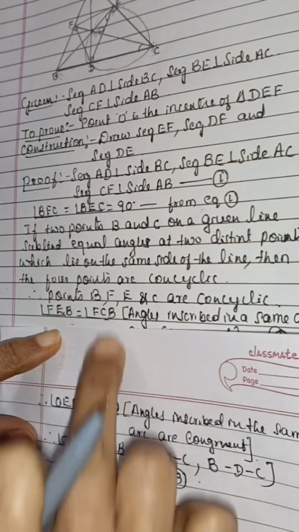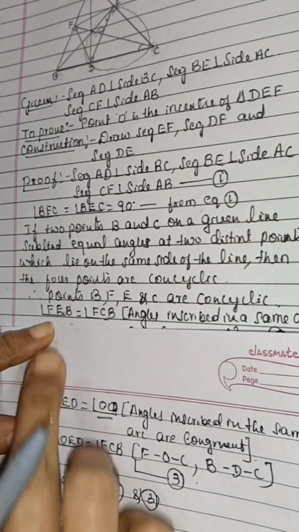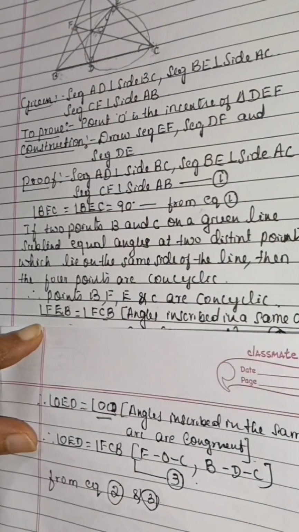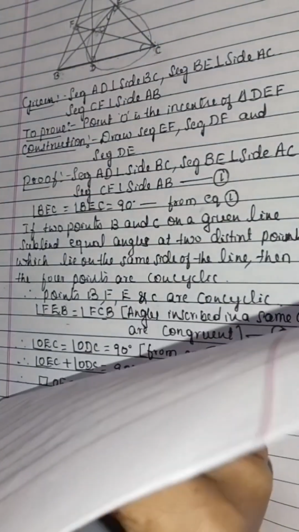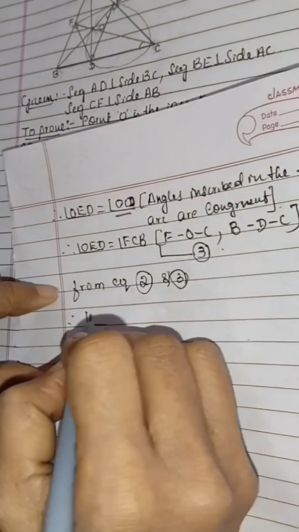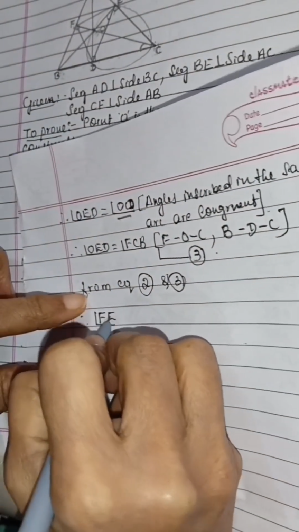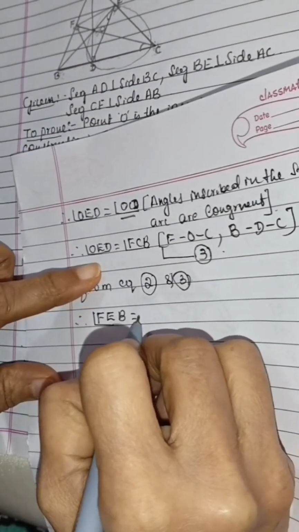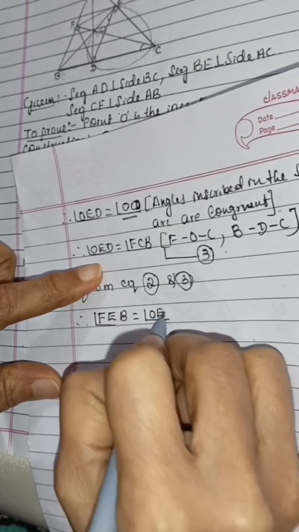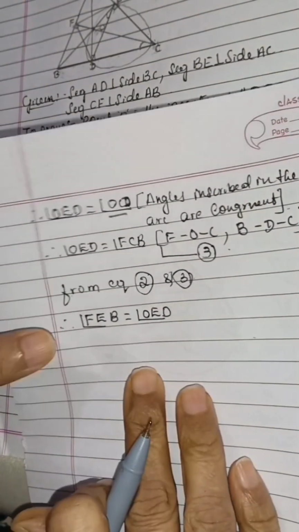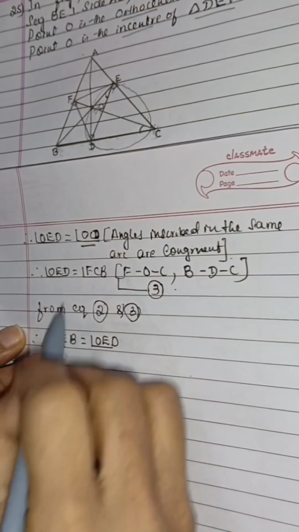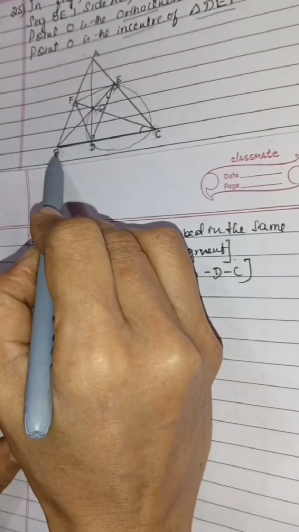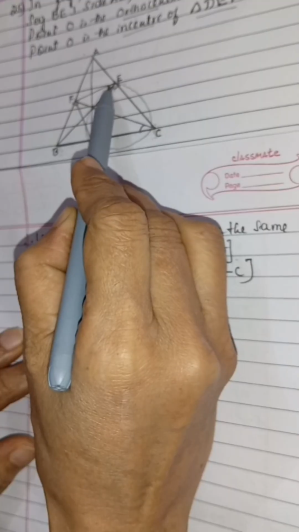Right hand sides are same, therefore left hand sides are same, so angle FEB equals angle OED, from 2 and 3. In this FEB, we can write FEO, same angle.